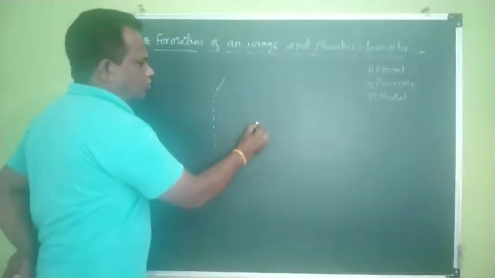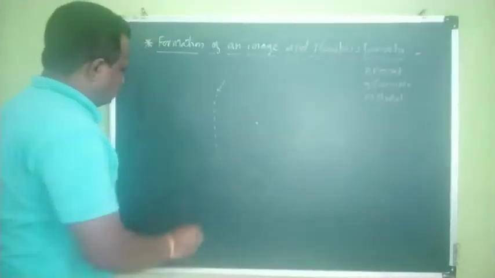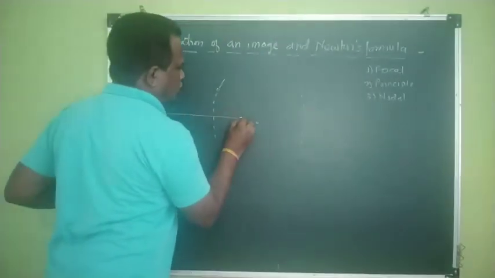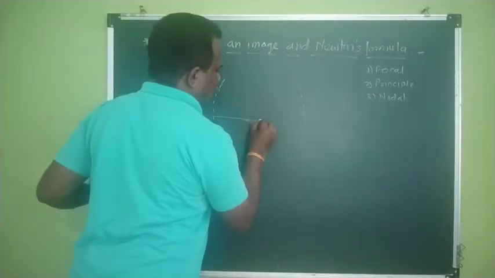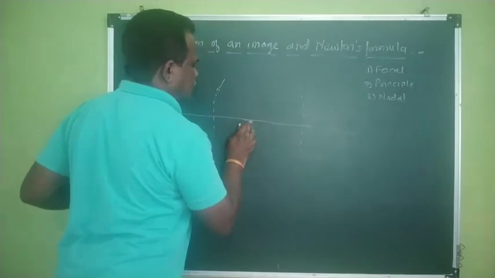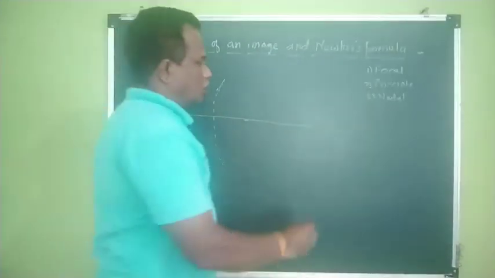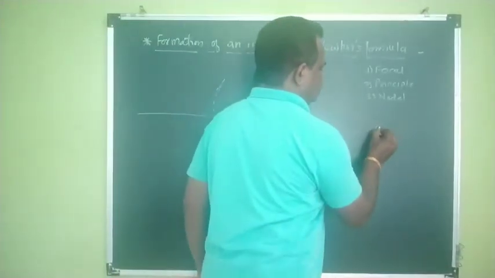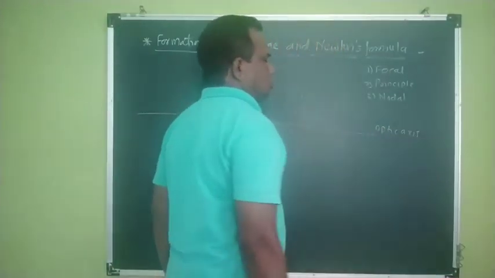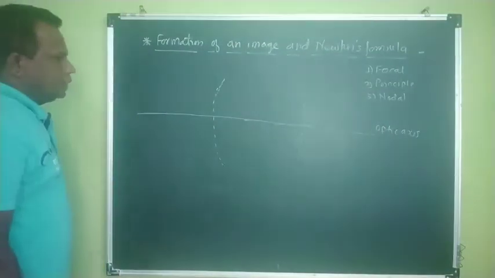Now the center of the lens is this. If you pass one line through the center, it will go straight. This axis is called the optic axis, or it is also called the principal axis.